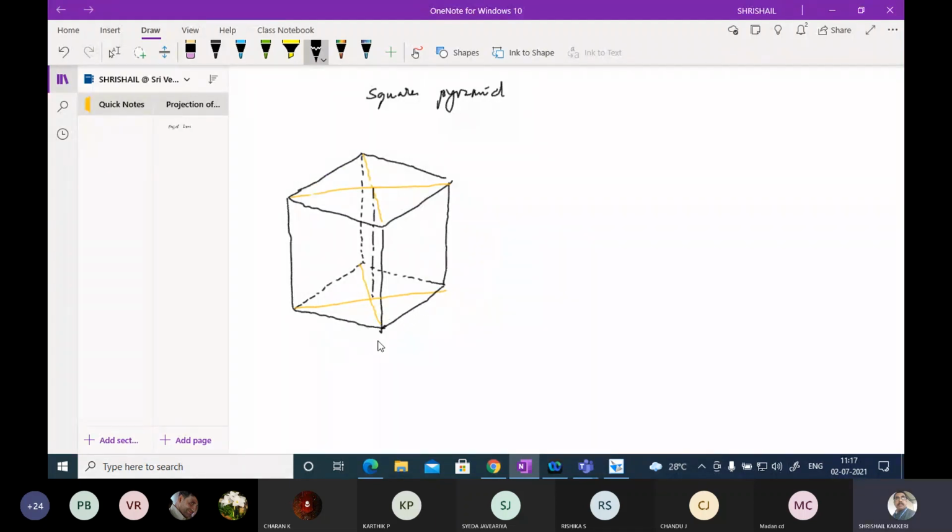Let me take this as A, this as B, this as C and this as D. And similarly the top will be A, B, C and D. And here it is point O and this is point O.